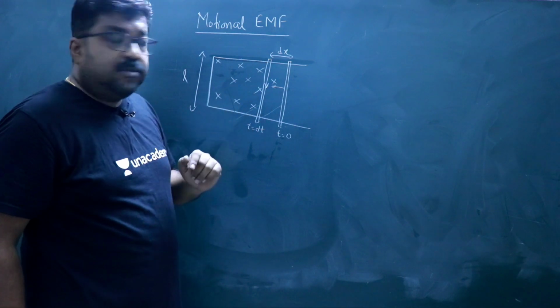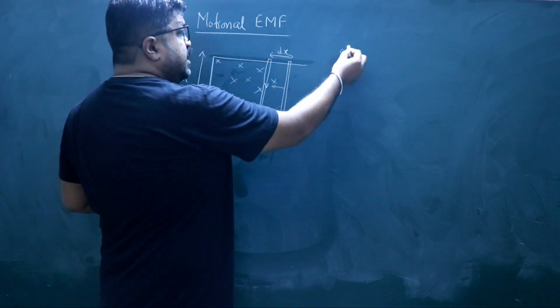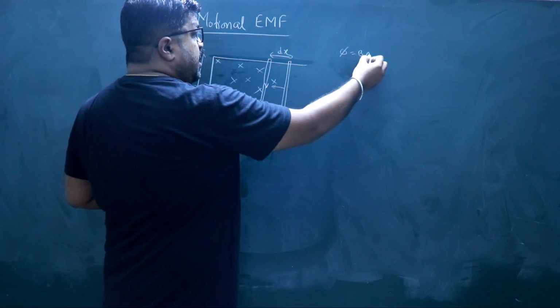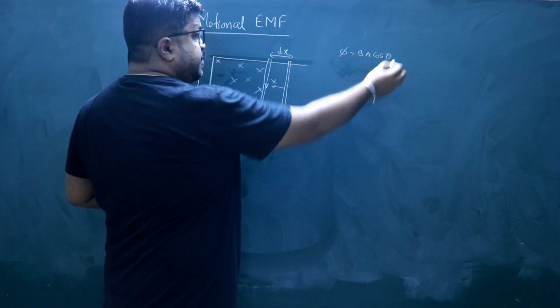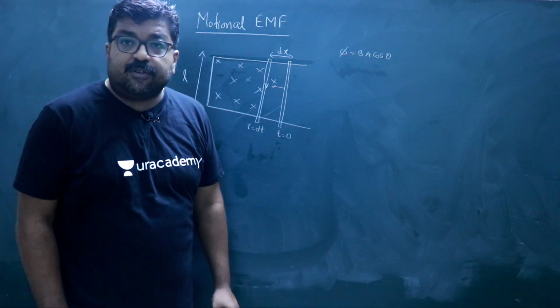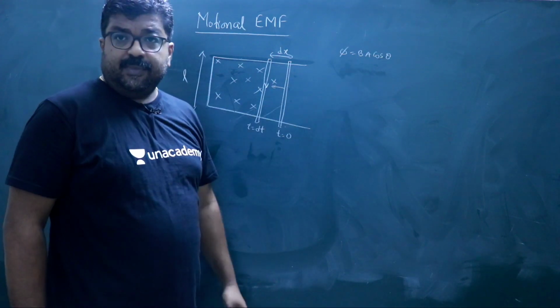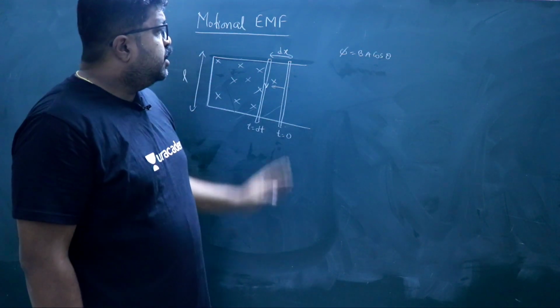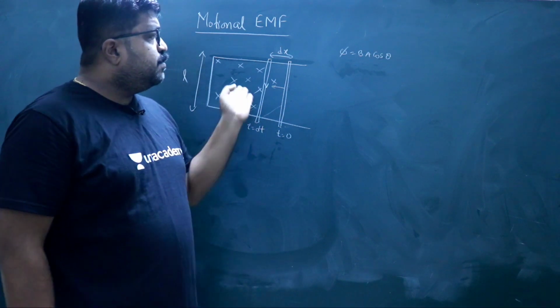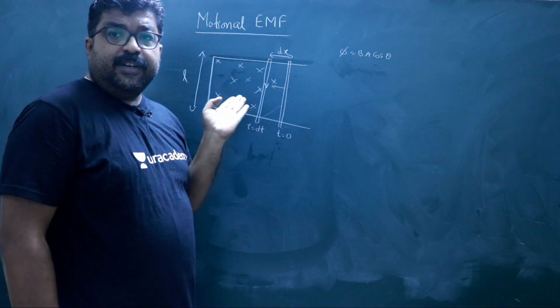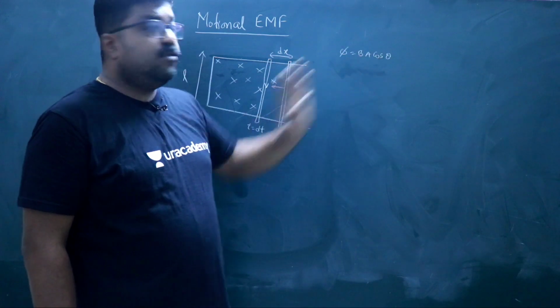Now flux is B A cos theta, where theta is the angle between B and A. In this case, the magnetic field is perpendicular to the plane and the area vector is also in the inward direction, so theta is equal to 0.